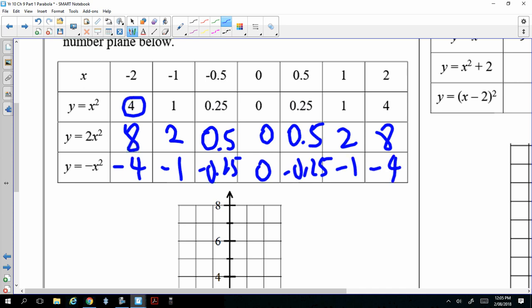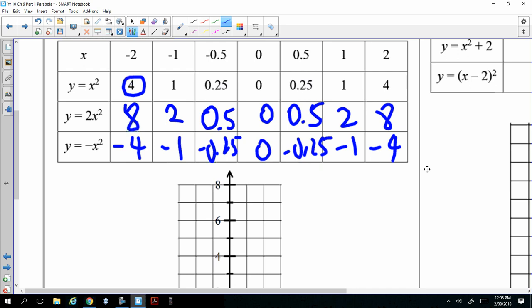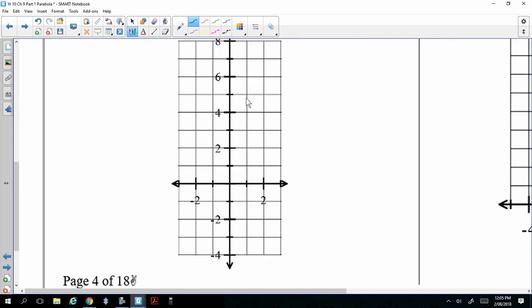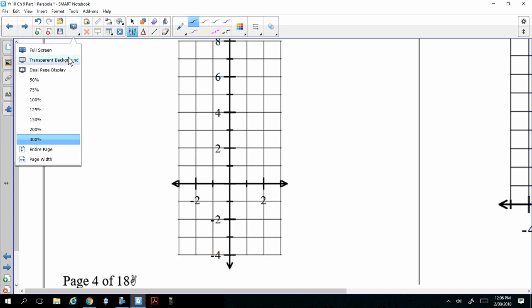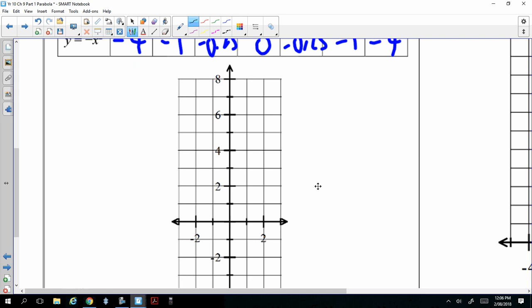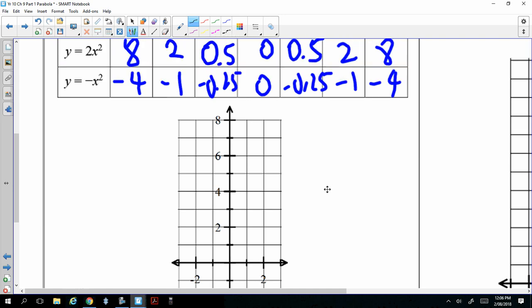Okay, so we're going to draw this. Maybe I should use a different color pen so you can see the differences. What I'll do is first draw the standard parabola x squared, so you can see what it does. Alright, so let's draw the x squared graph here, here, and here.